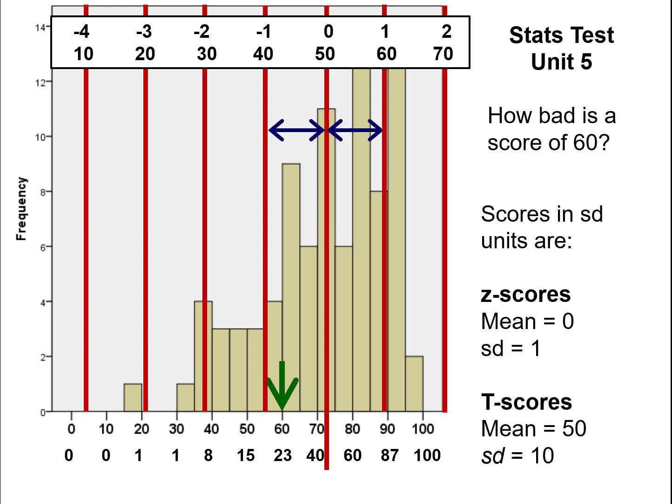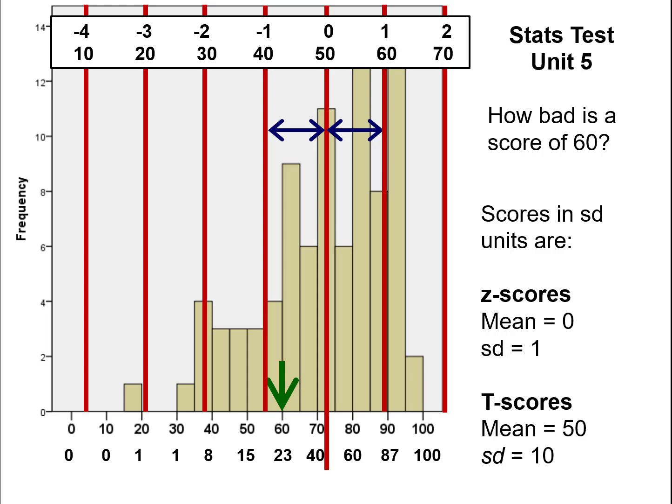So regardless of what our original scale was, we might have a scale that goes from 0 to 10 or 0 to 100, whatever our scale is, a standard deviation unit always means the same thing. It's the average distance that people deviate from the mean. And because a standard deviation always means the same thing, a z-score scale will always have the same meaning. It will always tell us how far people scored above or below a mean in standard deviation units. So it's very useful in that respect.